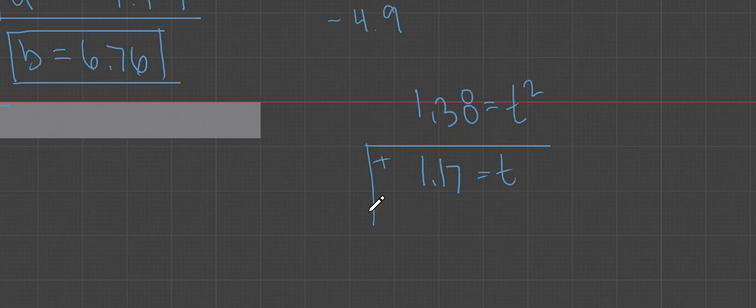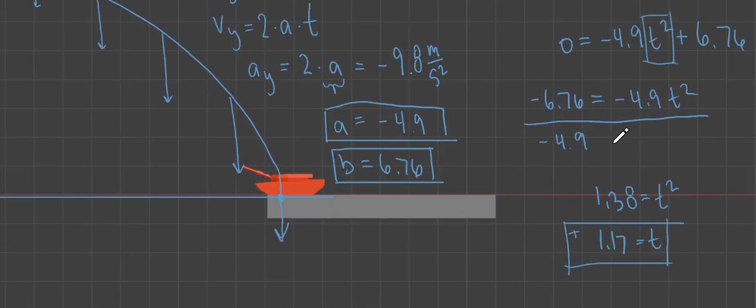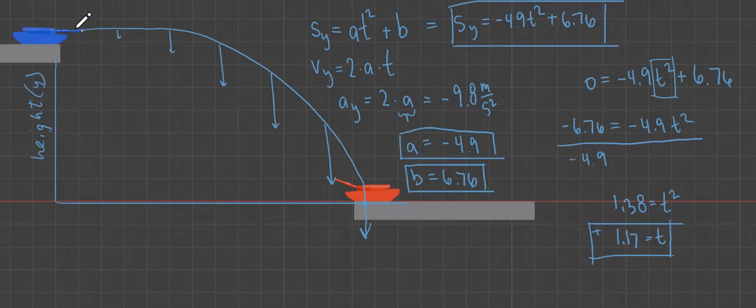So what this is saying is if this was all in seconds, like if this is time 0, then this would be time 1.17 seconds. So it would take 1.17 seconds for the projectile to start from here and travel all the way straight down and be at 0 height.